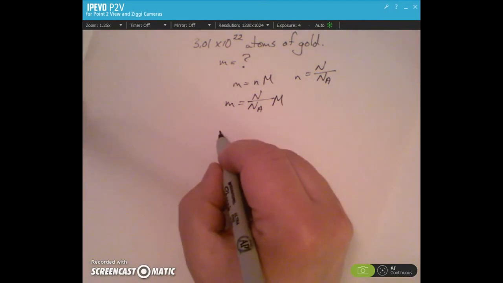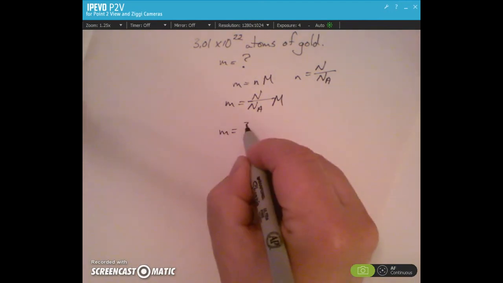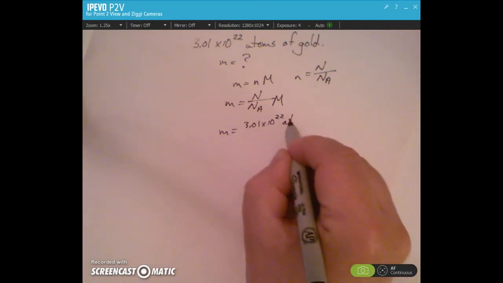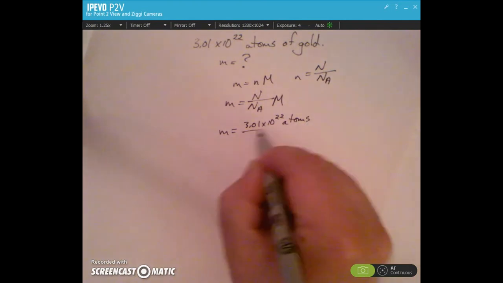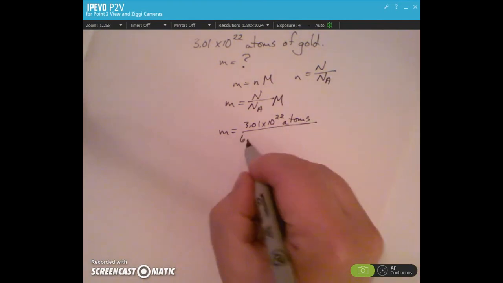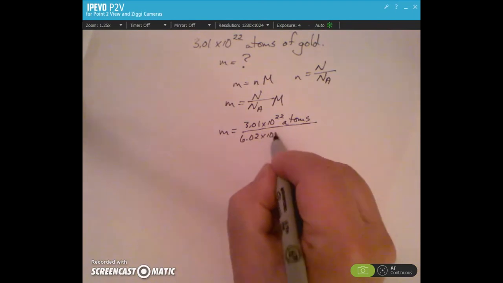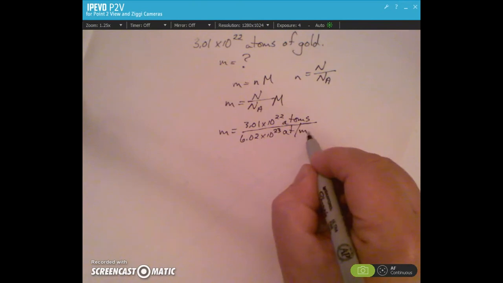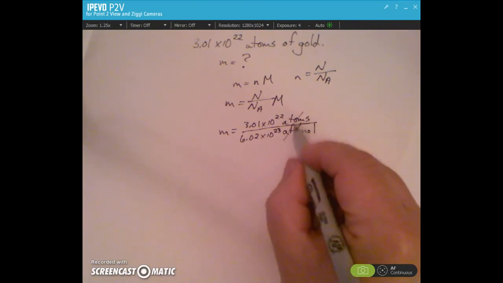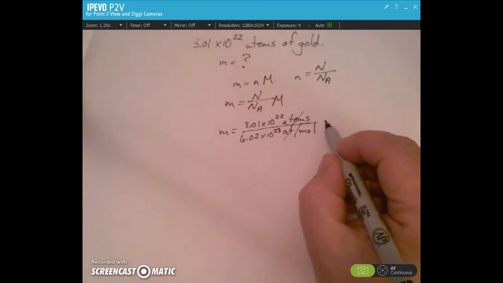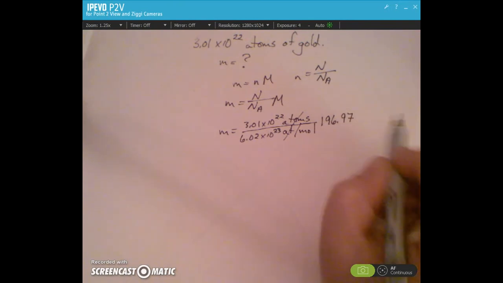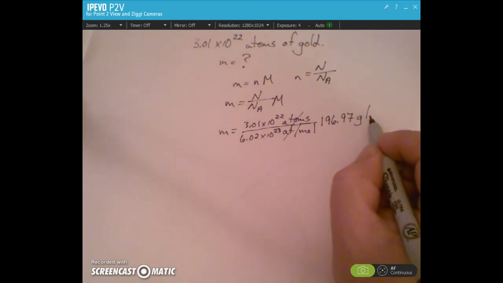Substituting in, the mass of the ring will be the number of atoms over Avogadro's number times the molar mass. So let's substitute it in now. 3.01 times 10 to the 22 atoms divided by 6.02 times 10 to the 23 atoms per mole, times, and we look up in the periodic table, 196.97 grams per mole.